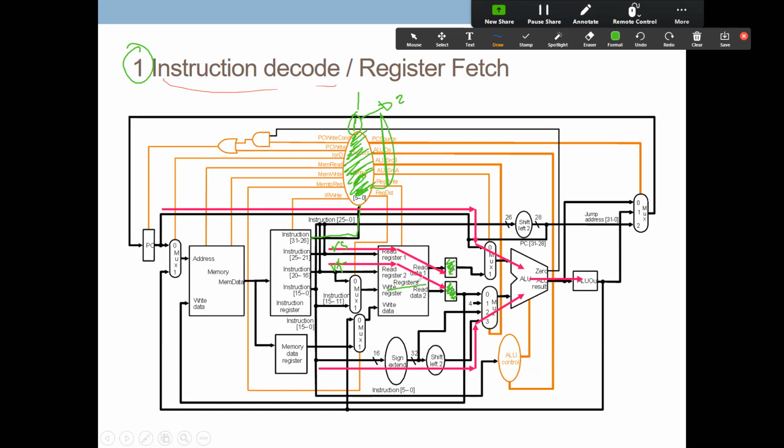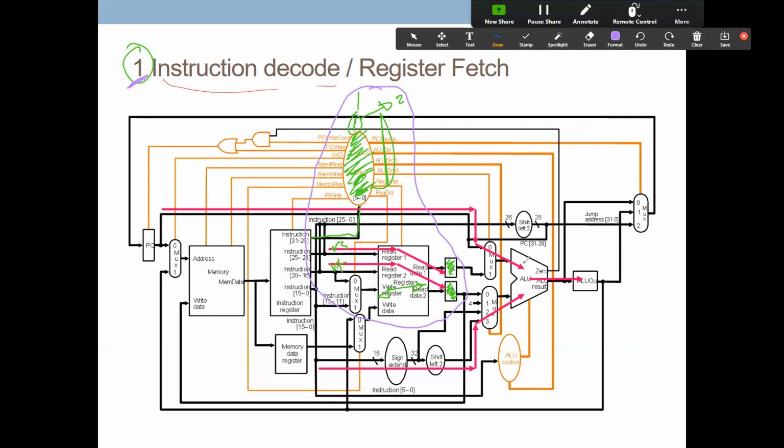And this actually takes a little bit of time, not too much time, but takes time. So you finish reading the register file in this stage. So these things are the main things that are required in state number 1. You did instruction decoding and register fetch.